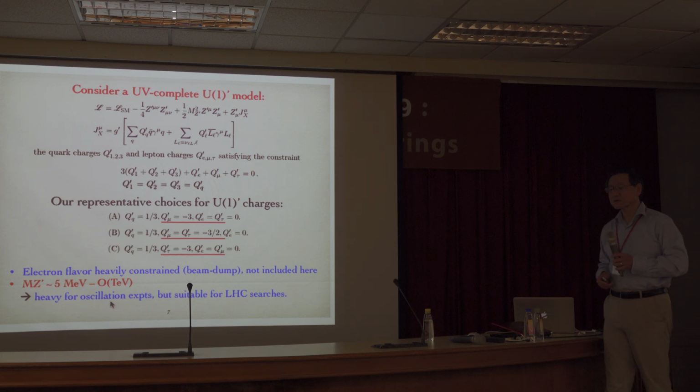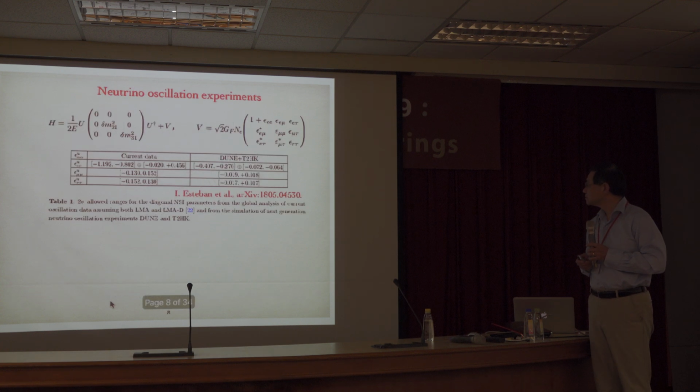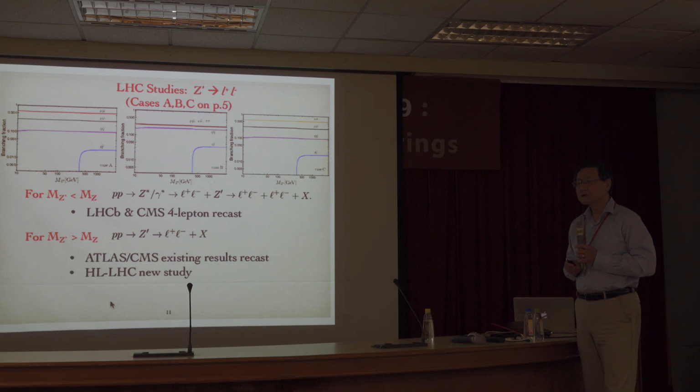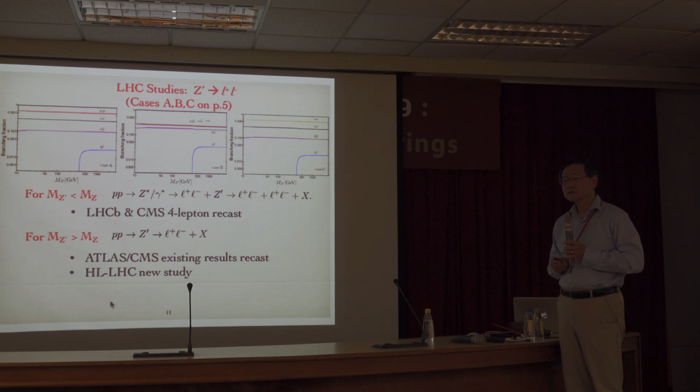For the 4-lepton search at LHCb, does that come from a prompt lepton signal, or if you consider displaced vertices, can the limit go down to 1 GeV? Page 12. I don't think we get this. This is from the prompt decays from the four lepton searches.